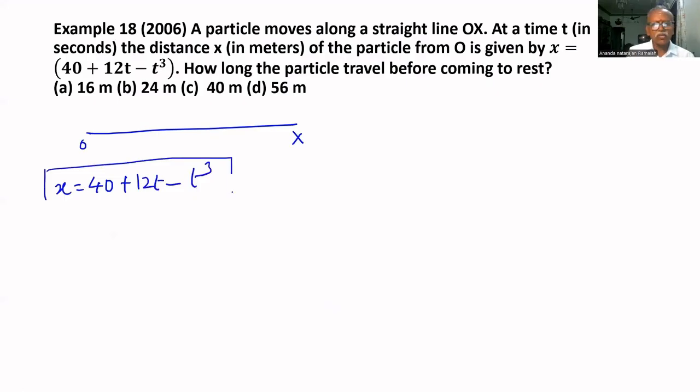X கான equation கொடுத்துட்டாங்க. How long the particle travel before coming to rest? Rest means velocity equal to 0. We know if speed is 0 means it will be at rest. So he is asking how long the particle travel before coming to rest.